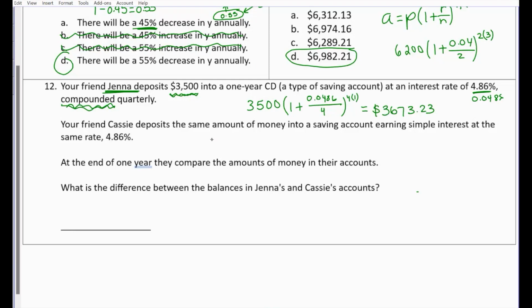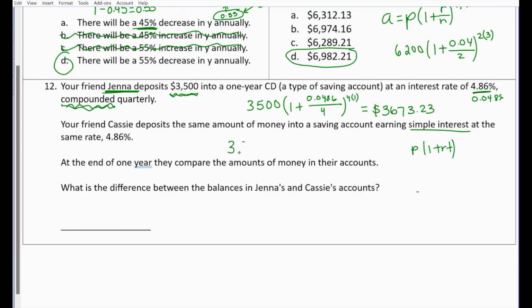All right, and next it says Casey deposited the same amount, so we still have our 3,500, but hers was based on simple interest. So our simple interest formula is P times 1 plus rt. It is not compounded, so there is no exponent. So we're just going to plug it in.